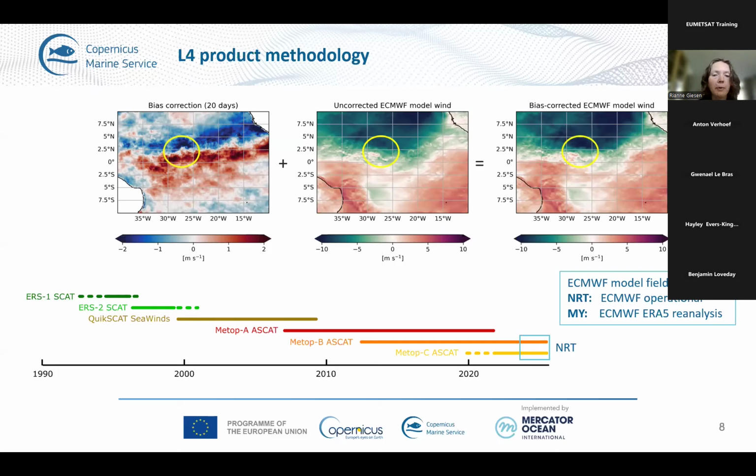For the level 4 product, we use a similar timeline of scatterometer combinations with always some overlap. And the near real-time product is only the past 2 years. And similar to the level 3 product, we use operational ECMWF model winds for the near real-time product and ERA5 reanalysis winds for the multi-year product.